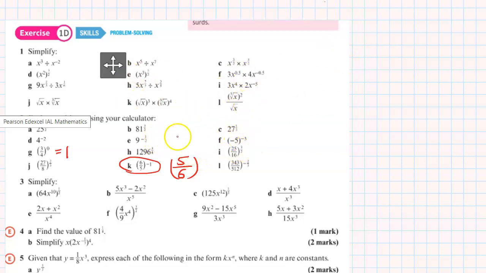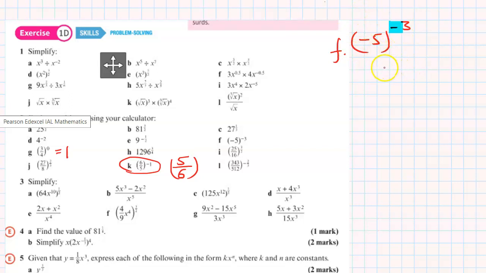Let's do question number F. Minus 5 to the power minus 3. First, because of this minus, the whole thing is going to be a reciprocal.